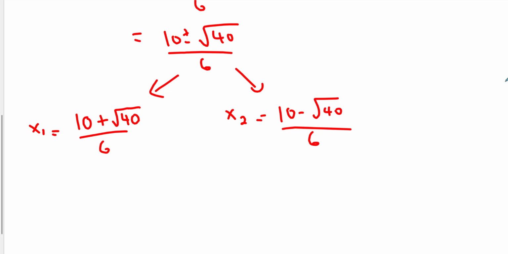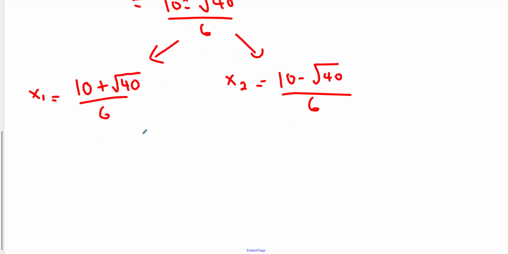So this is going to be two intercepts, right? All right, so 10 plus root 40 over 6. I need to simplify this. And if you remember correctly, we actually learned in a previous lesson how to simplify radicals. And this is what this is, a radical. Square root 40 is a radical. So we need to look for a perfect square: 1, 4, 9, 16, 25, and so on, that would evenly divide into 40.